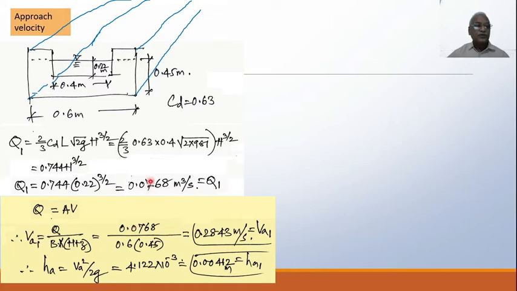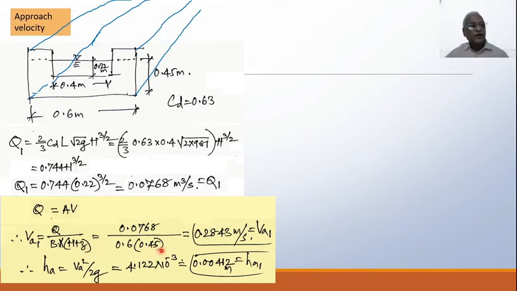So Q is there here, the B is 0.6, this is 0.45 total. Z represents the height of the crest and this is head over the crest, but this total depth is directly given as 0.45, that's why H plus Z is written as 0.45.